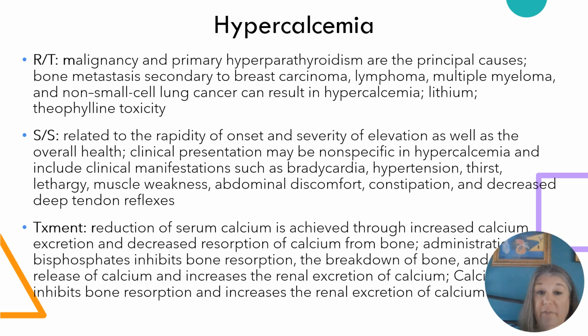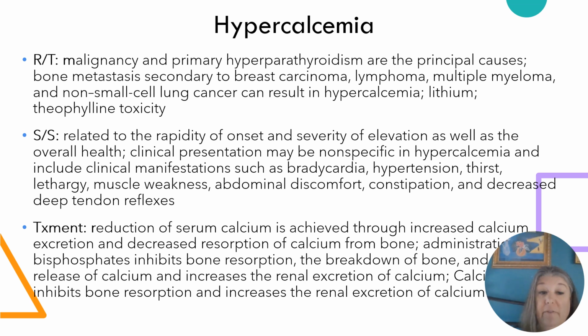The problem with IV bisphosphonates is it takes about 2 days. Peak treatment is 7 days. So this is not going to happen immediately. So we need to be doing some things in between that also help. So we're also going to use some calcitonin. Calcitonin also works to increase renal excretion of calcium.